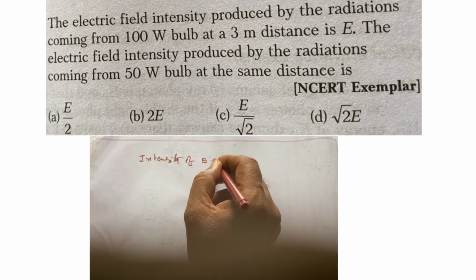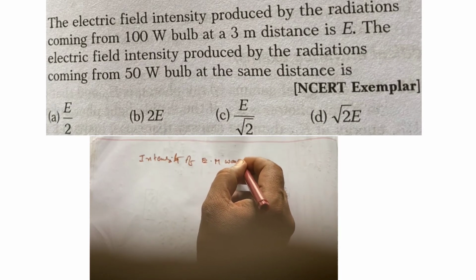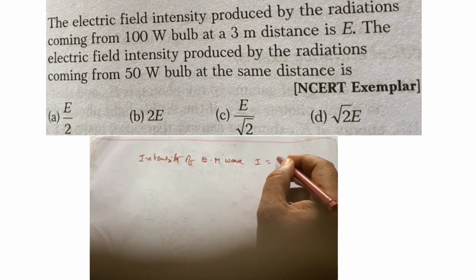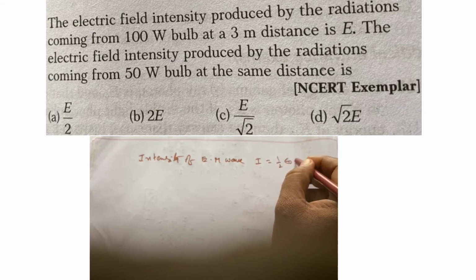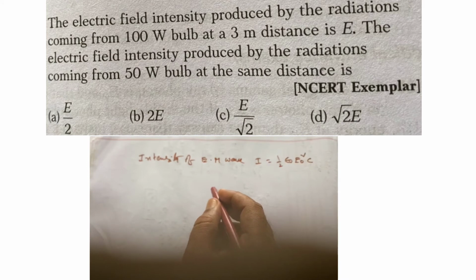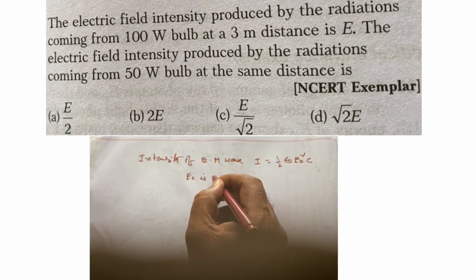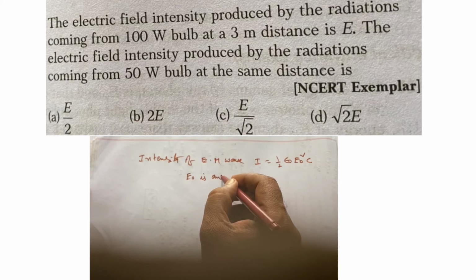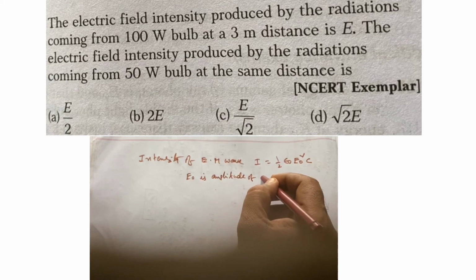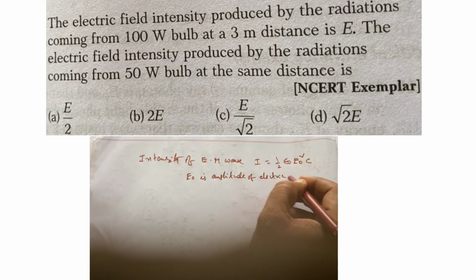Intensity of EM wave: I equals 1 by 2 epsilon naught E naught square into C. E naught is the amplitude of the electric field.